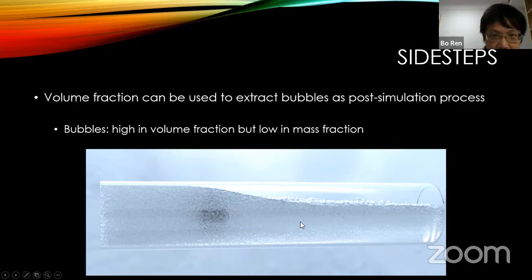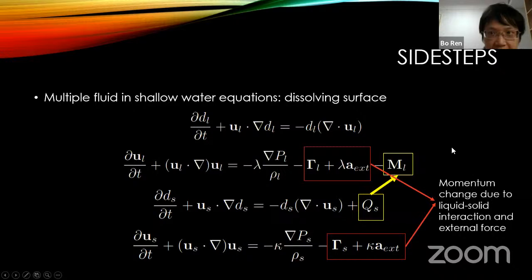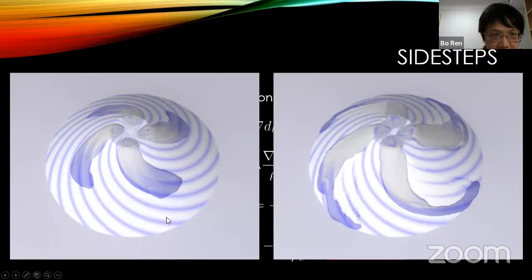This is a result. The second one is that we can integrate the multiple fluid concept into other physical systems, such as the shallow water equations, and generate some dissolving surface effects. These are the equations we used in a previous paper, and this is a result.